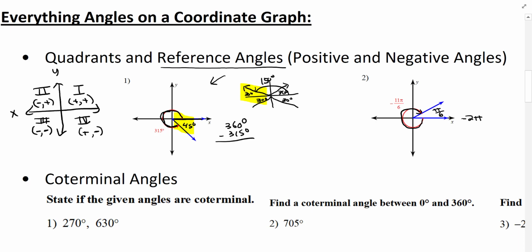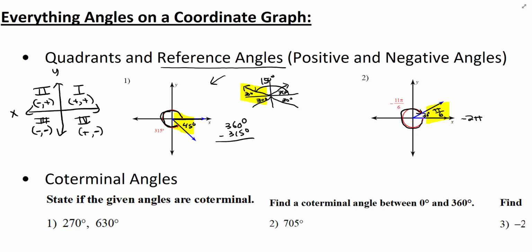So we went all the way backwards, almost a full circle. But the reference angle, we're still going to put it in positive notation, and 30 degrees is the same as pi over 6, and the reference part is pi over 6, even though we went in the negative direction.